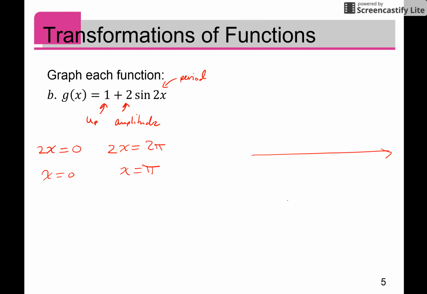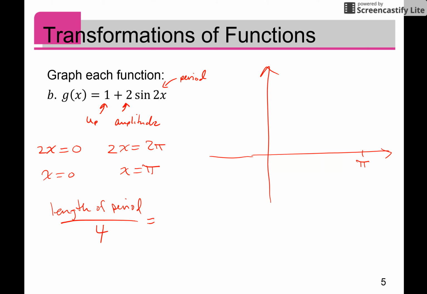All right. So as we go from 0 to pi, we complete one full period of this function. So we take the length of the period, which is pi, and we divide the length of the period by 4, always by 4, and that's going to give me the tick marks that I put on the x-axis.